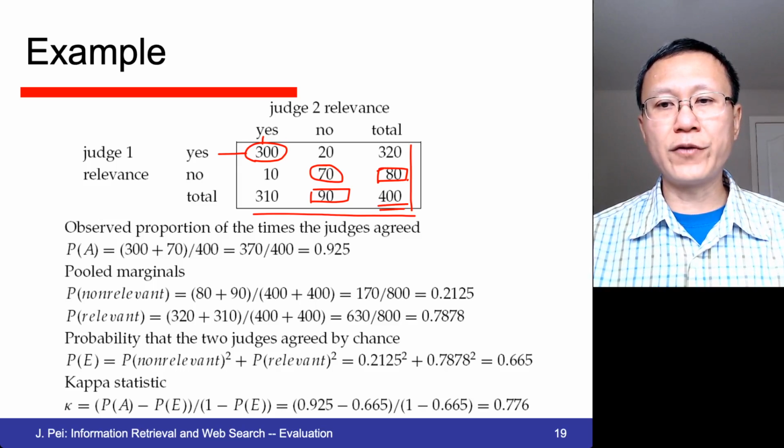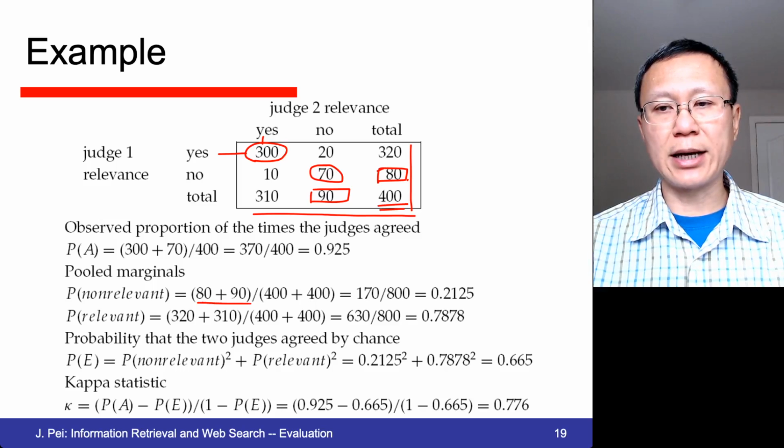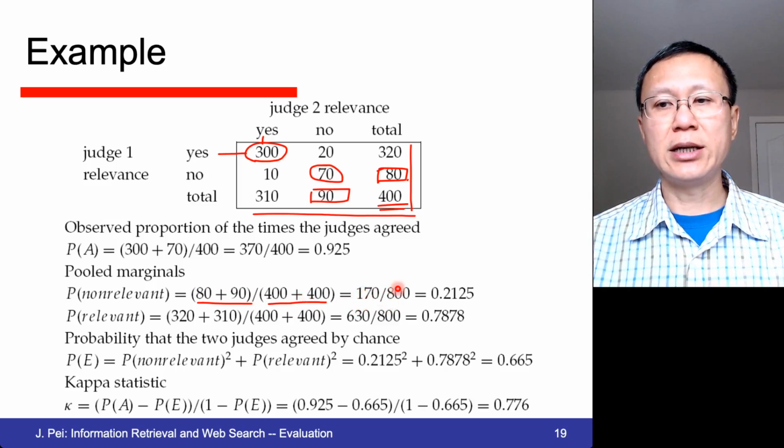Therefore, we have 80 plus 90 divided by 400 twice, because we look at it from this order and also from this direction. So we have 400 twice. And in total it is 170 divided by 800, and this gives us the probability of 0.21.